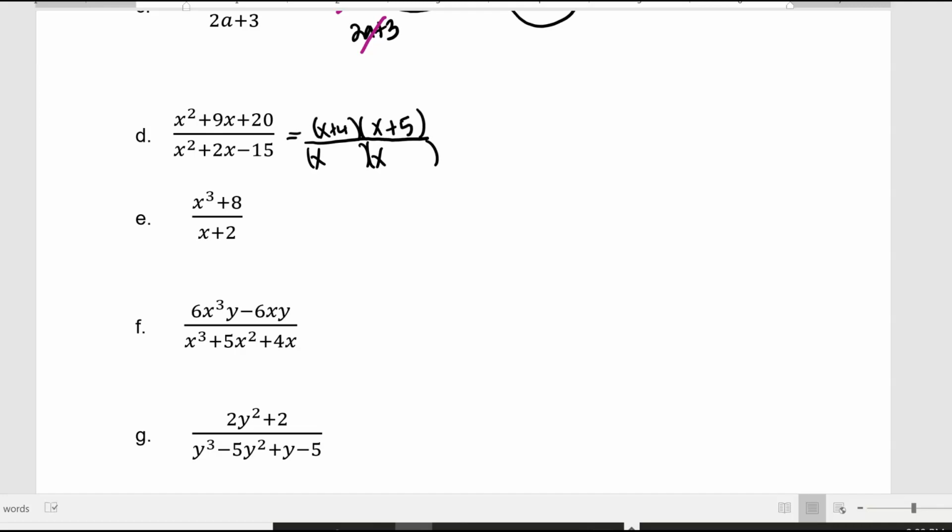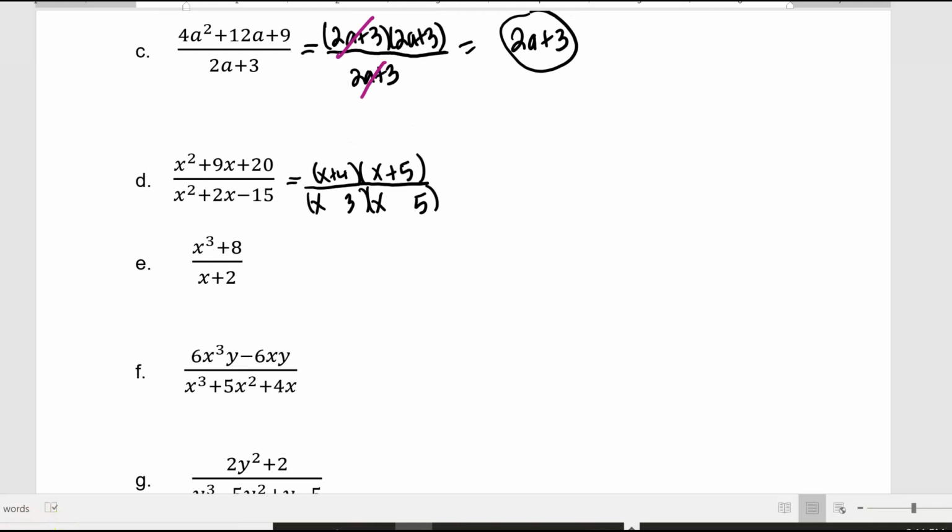Factors of negative 15 that adds to 2. So we know that positive 5 and negative 3 will give us that positive 2 in the middle. So again, we cancel out our common factors and we get x plus 4 divided by x minus 3.